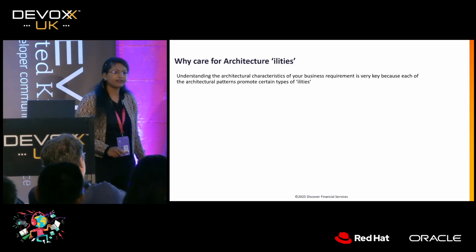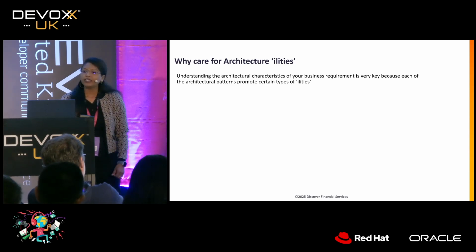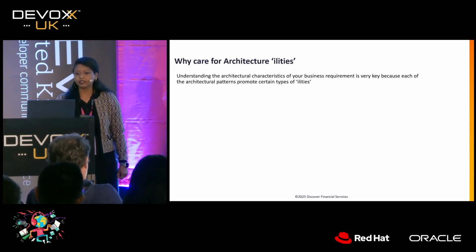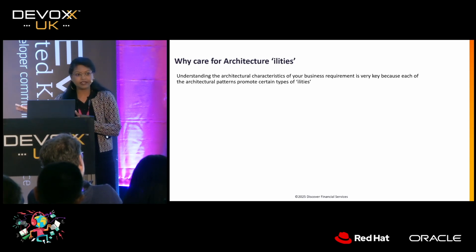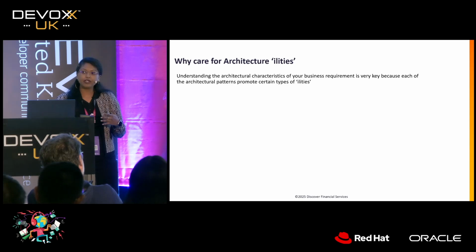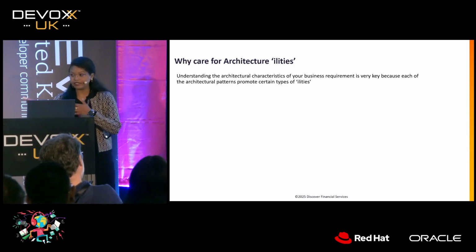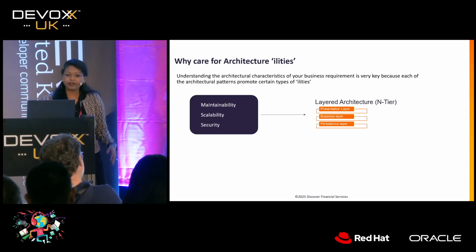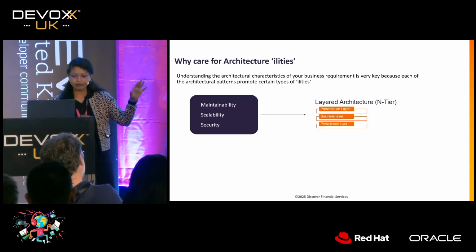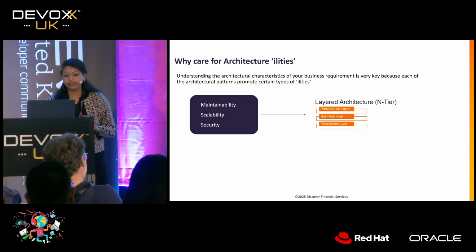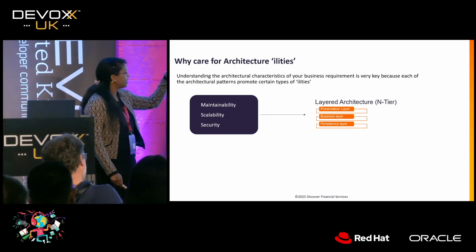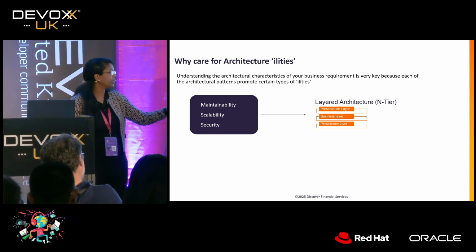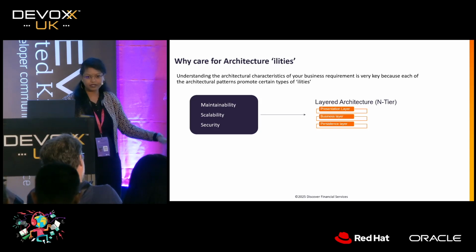Why do we even care about them? It is very important because certain architecture patterns promote certain ilities. When we know the requirements and the ilities, that's when we start to lean towards certain architecture patterns. For example, if the requirement is maintainability, scalability, and security, we could probably go for a layered architecture, a very traditional one with presentation, business, and persistence layers.